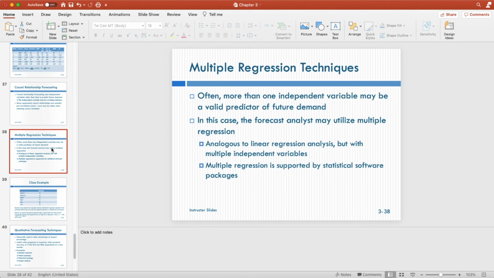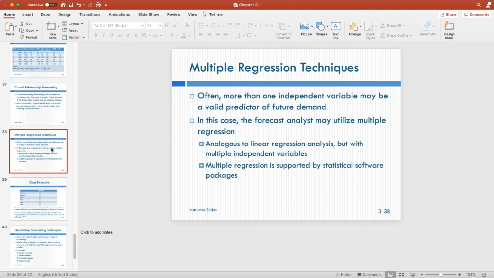Very simple. The relation between y and x1 is simple regression. If we're talking about the relationship among y and x1, x2, x3, or x4, as long as the number of x is greater than 1, it corresponds to multiple regression.